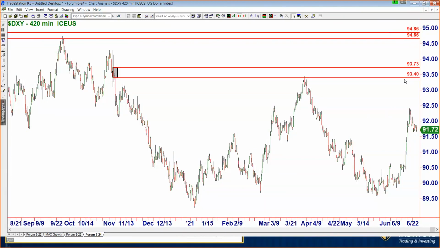If the dollar traded 93.50, that would put it right back up into the fresh part of this zone. The bottom of it is not fresh anymore. And there we would look to either short the dollar or buy FX markets against the dollar, look for demand zones in equities, which there are some.